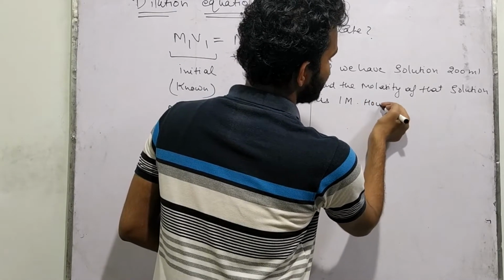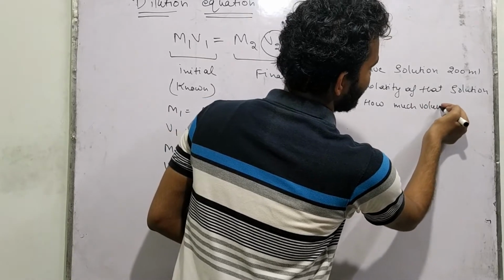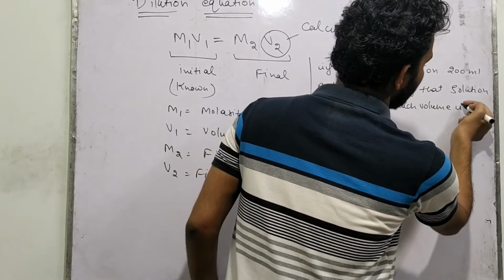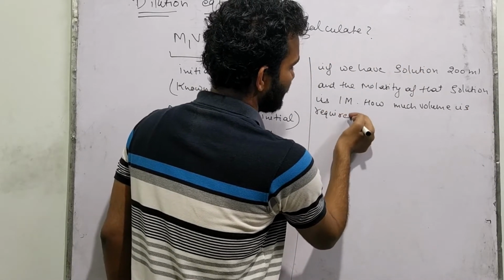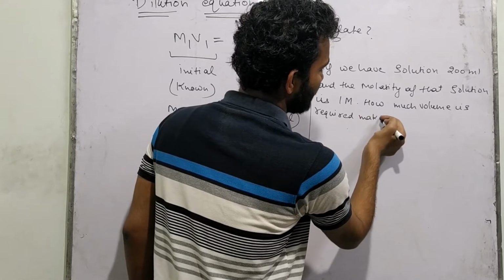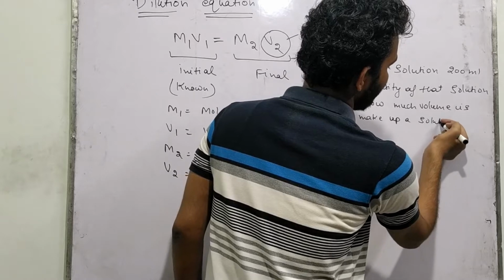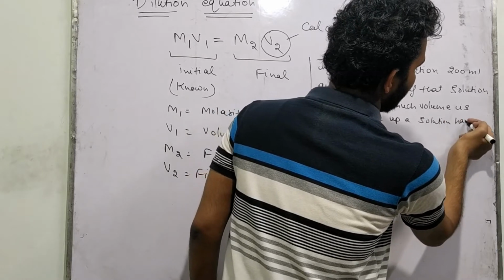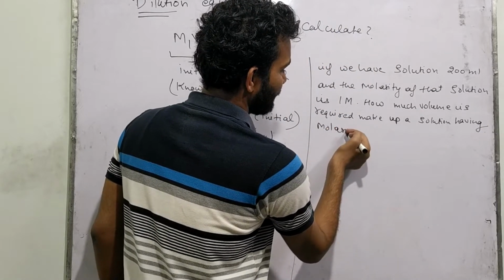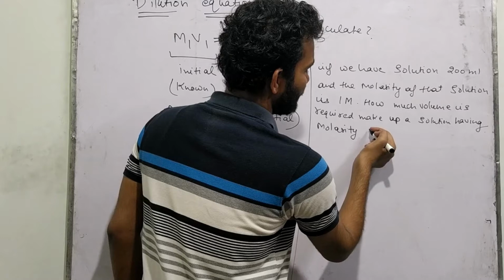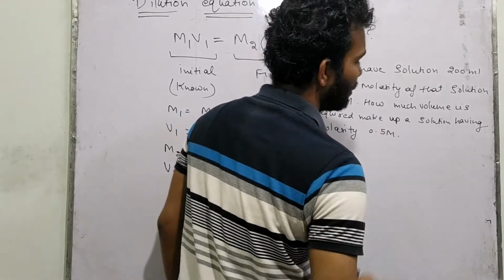Now, how much volume is required to make a solution having molarity 0.5 molar?